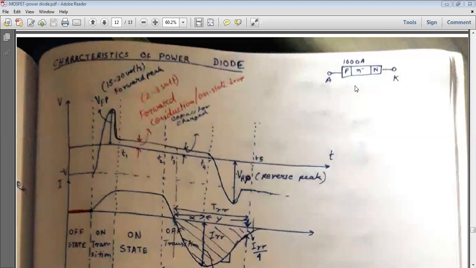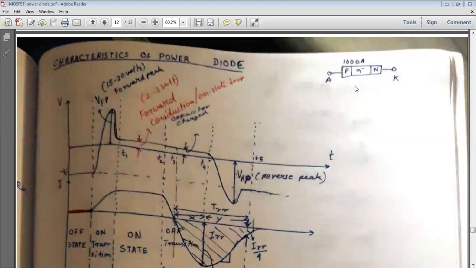During the forward biased condition, the holes from the p layer enter into the n minus layer. So here the holes in the n minus layer are actually the minority charge carriers. This process of injecting minority charge carriers into the n minus layer is called conductivity modulation.